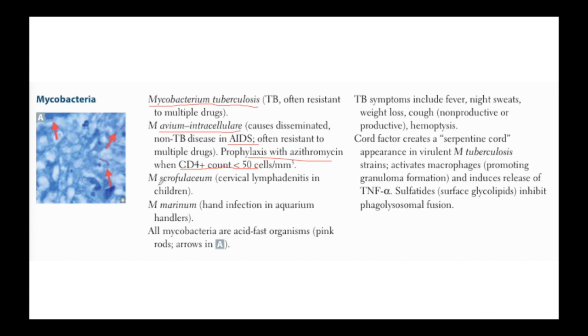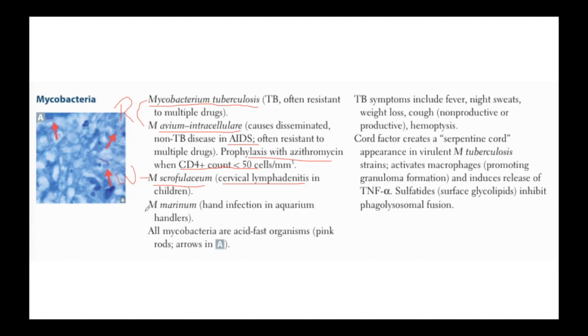And then we have Mycobacterium scrofulaceum, and this presents with a cervical lymphadenitis in children. You'll usually see a solitary cervical lesion there, and this can occur from contaminated water sources. And also know that these two are both respiratory. This one is from water.